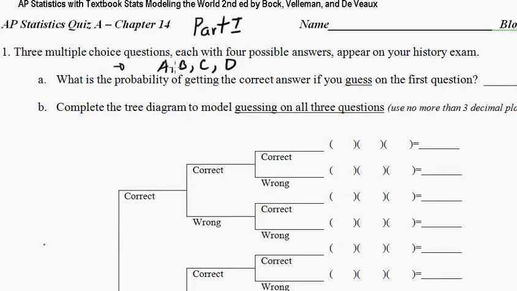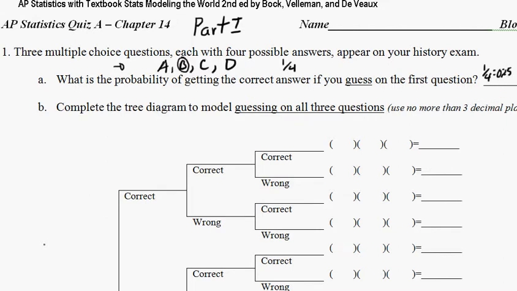Well, only one is going to be the correct answer. So if B is the correct answer, and I guess, the probability that I'm going to be right is 1 out of 4, or 0.25. That would be the answer there.